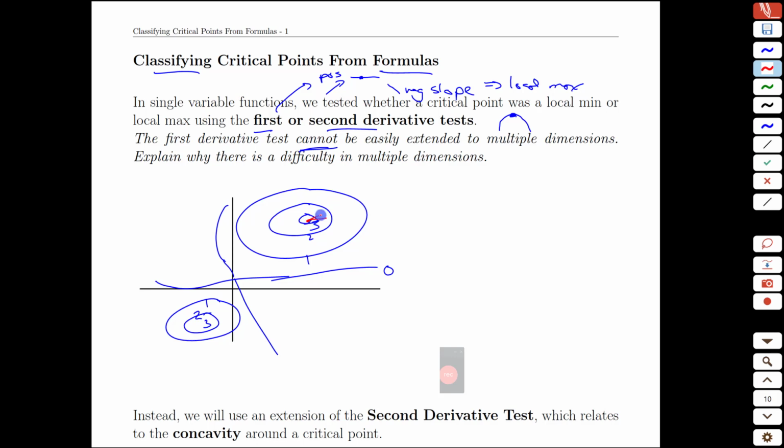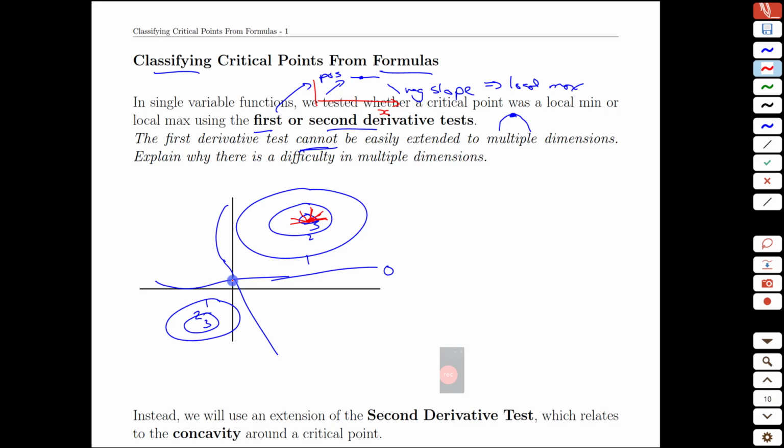Well, the question is, in which direction? In a single variable function, there is only one direction, positive x. But if we're looking at a multivariate function, we can take a step into this peak from one direction, or this direction, or this direction. And how do we cover all of our bases?